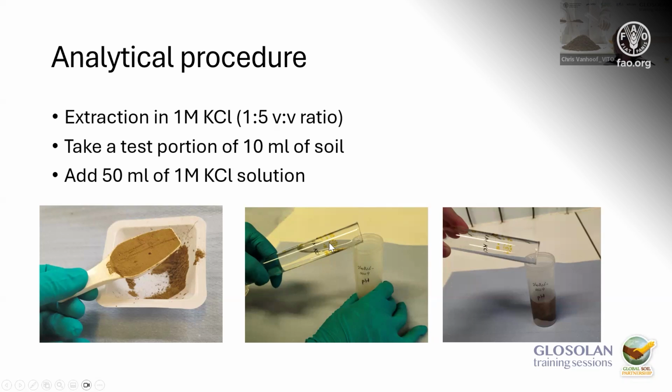So this is 50 milliliter of 1 mole potassium chloride solution. We always take care that we get a good interaction between the soil and the potassium chloride, so we already shake a little bit with the recipient so that we get a good contact between both parts.